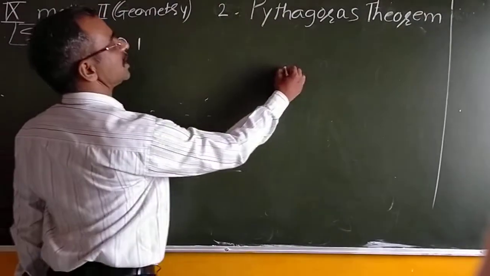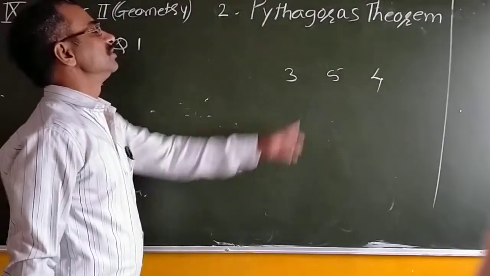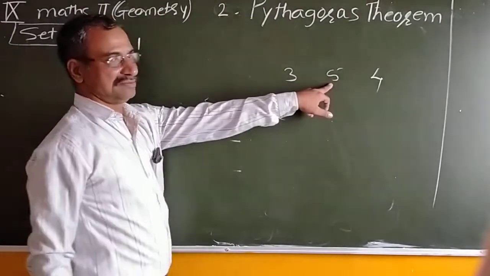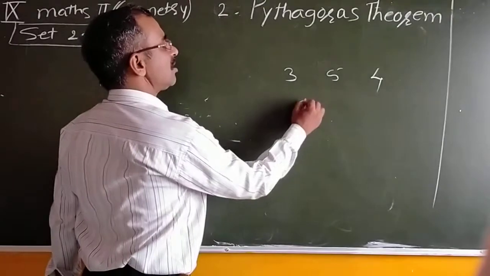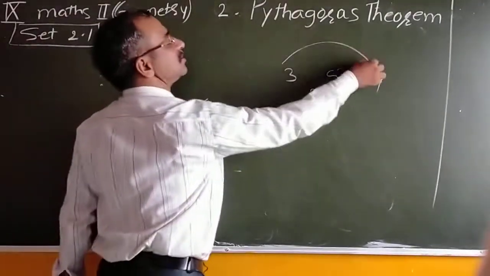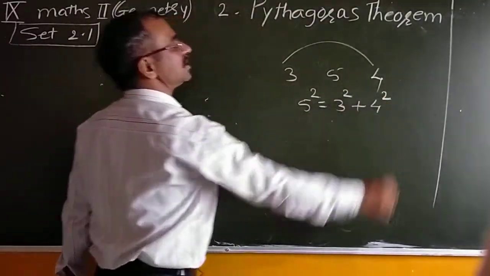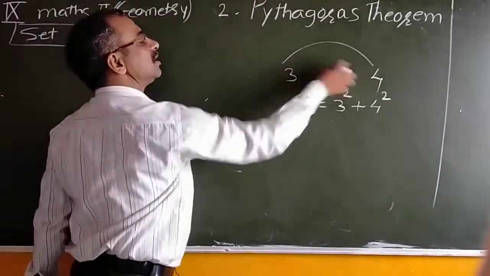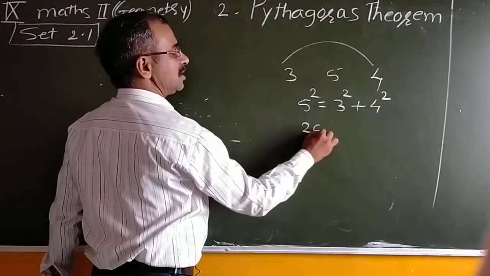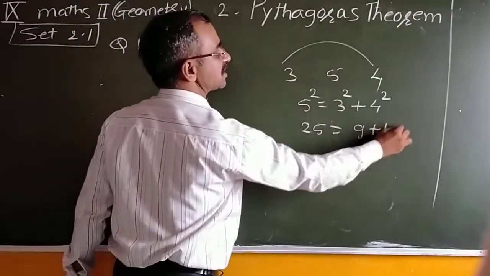Example, suppose we take 3, 5, 4, out of which 5 is the highest positive integer. The square of the highest positive integer should equal the sum of the squares of the smaller numbers 3 and 4. 5 square is 25, 3 square is 9, 4 square is 16.